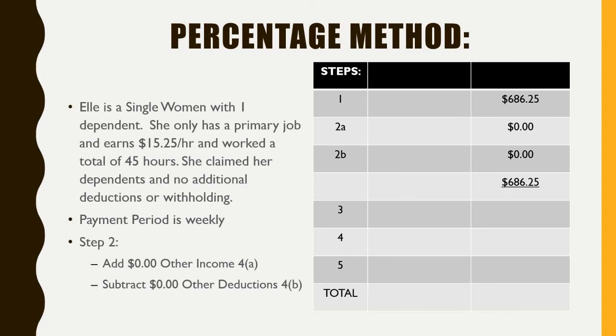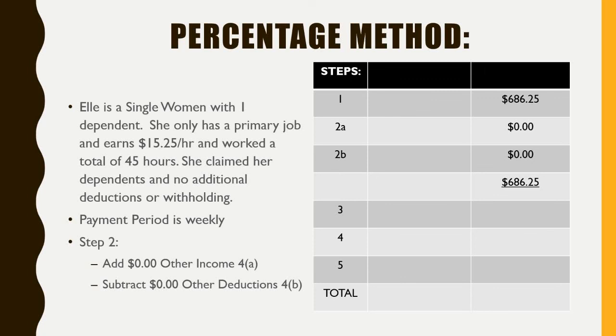Step 2 is to determine, did she have any extra jobs or any extra income? If she had a second job, then she would have to calculate the extra income that she's earning for that pay period. In this case, she only has one primary job. So step 2 is going to be 0 because she doesn't have extra income.